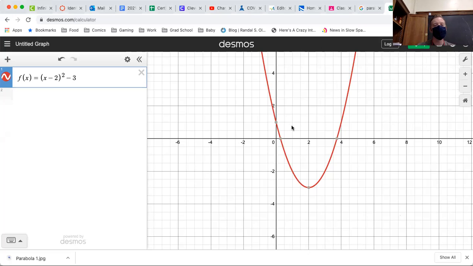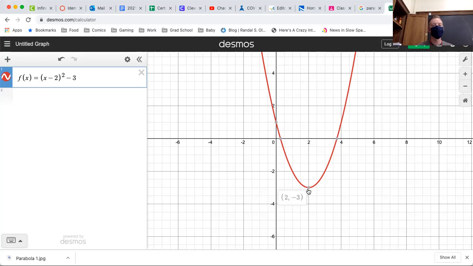And notice we have some of these points appear on the parabola in various places here. So notice down here at the bottom where we know our vertex is, there's a gray dot right there. If I hover over that gray dot, it will tell me that my vertex is the point (2, -3). It calculated the vertex for us. It found the vertex for us.